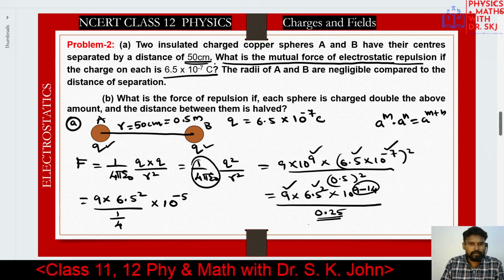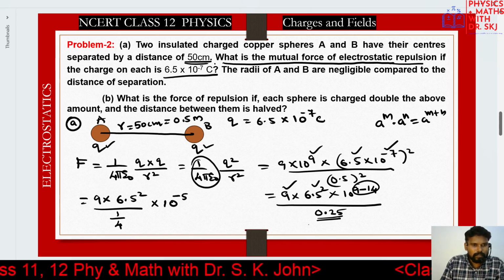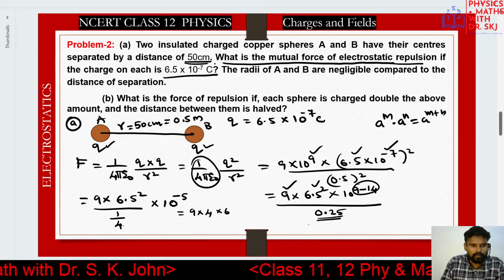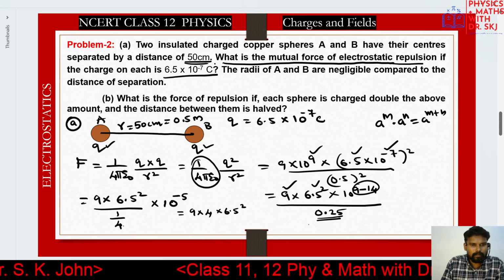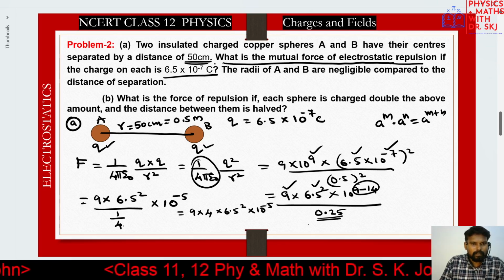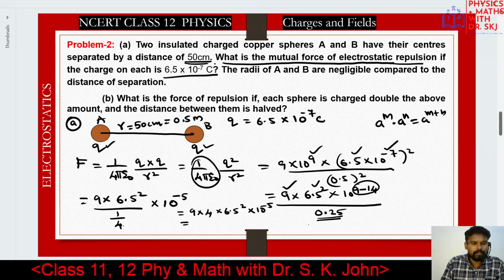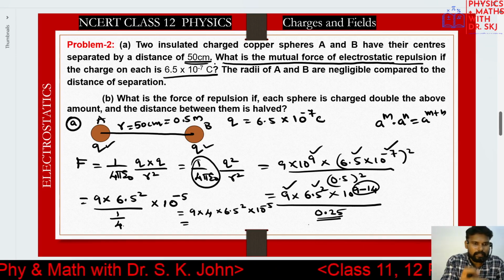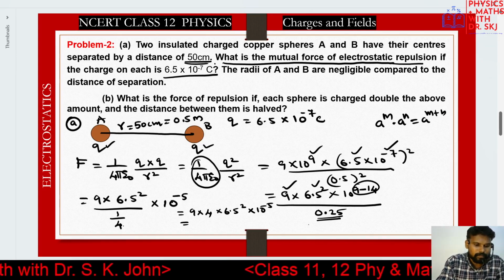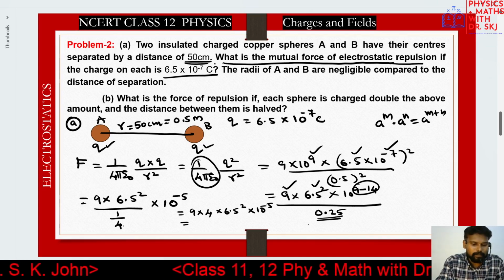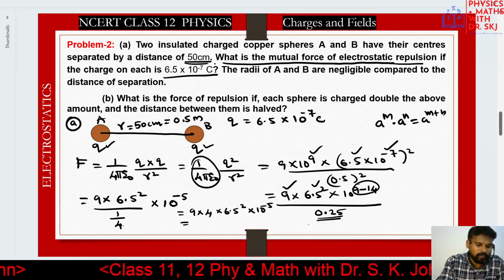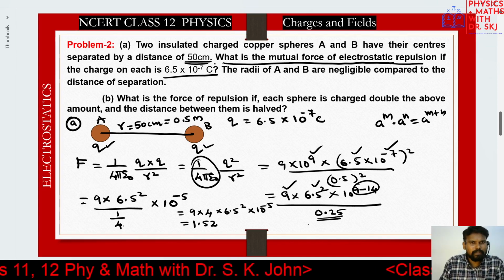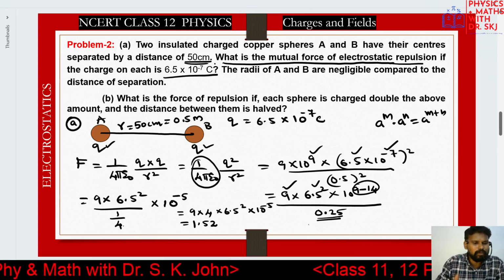So this is 9 times 4, that is 36, times 6.5 into 6.5, into 10 raised to minus 5. Let me calculate that. The value is 1521. You can round off the value up to 2 decimals.